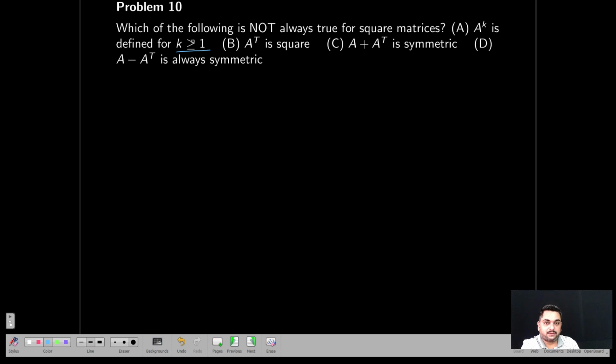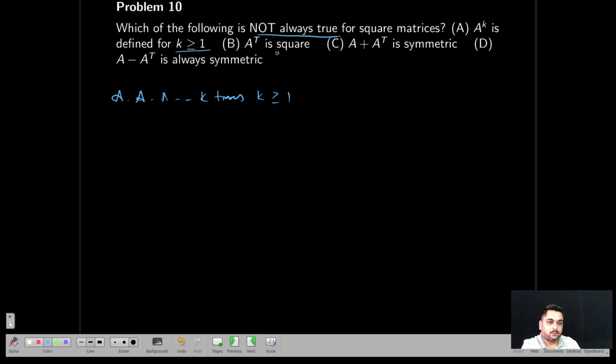So as long as k is greater than or equal to 1, I can find the product up to k terms, that is A into A up to k times. Now this is true. They are asking which is not always true. This is true.